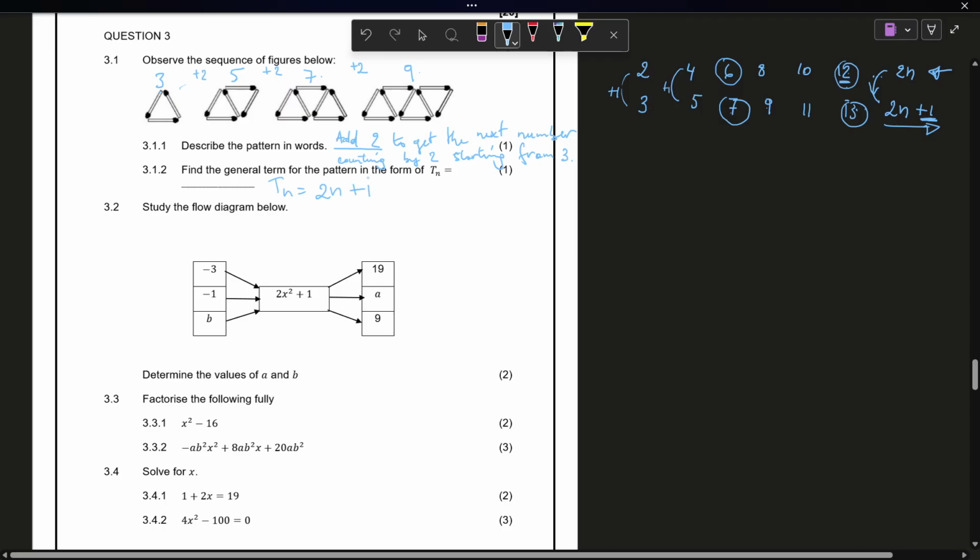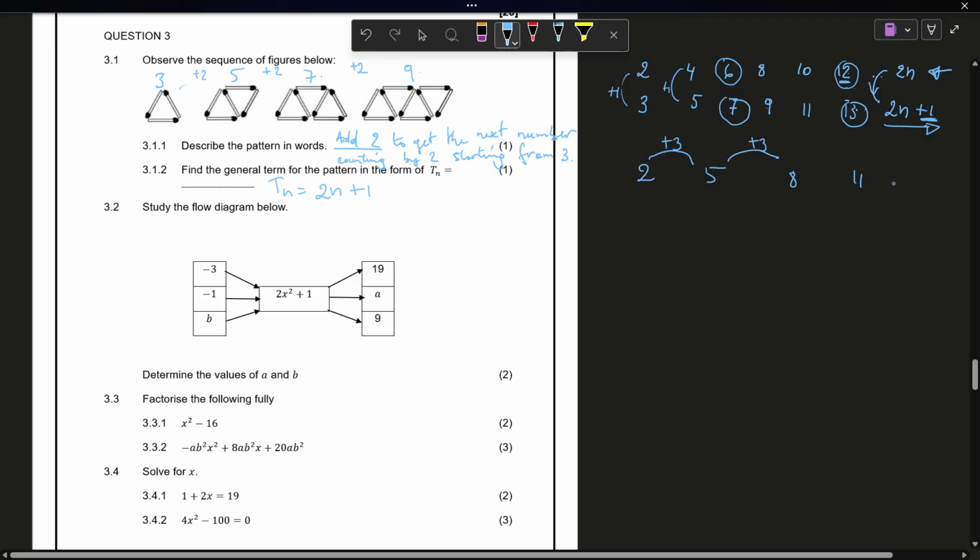So that's the trick. Basically, what is the trick here to find the general term? Suppose you've got a sequence like 2, 5, 8, 11. Okay, can you see it's always plus 3 to get to the next number, right?